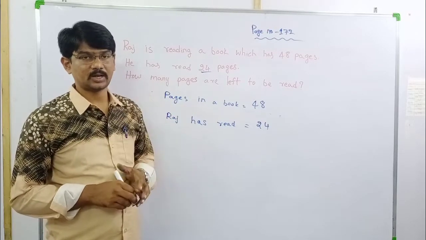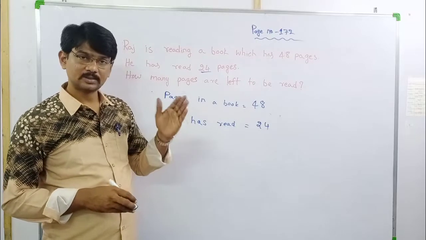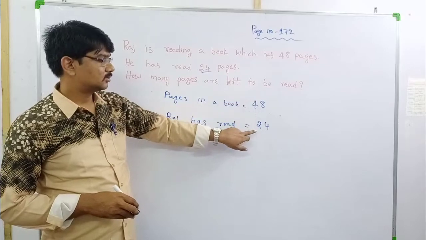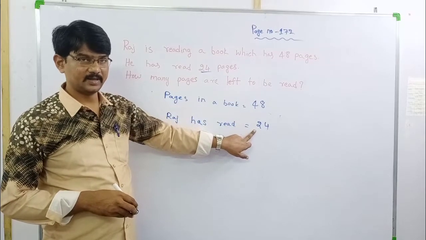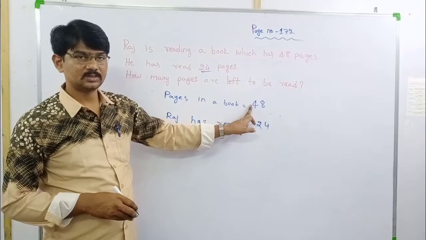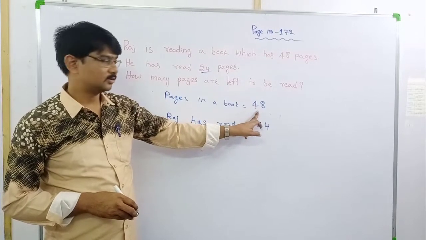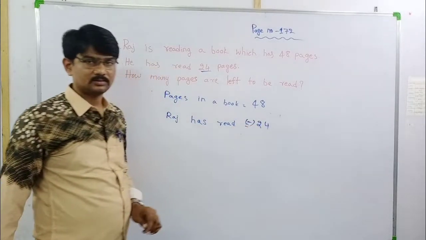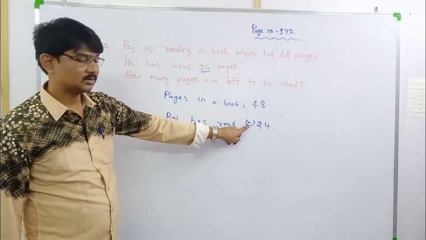Sum or subtraction? Which is subtraction. Why? Total 48 pages, 24 pages reading finished. To find out the remaining pages, we need to do subtraction. So minus. What is the symbol of subtraction? Minus.